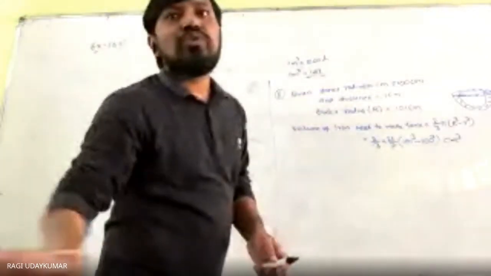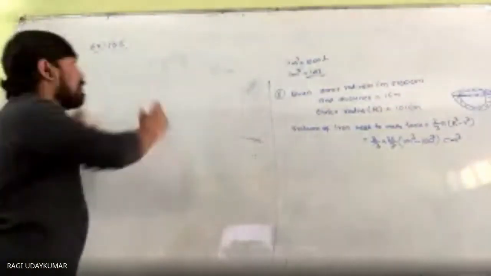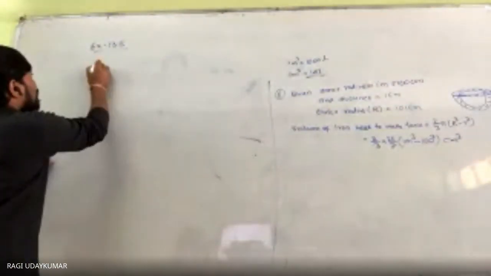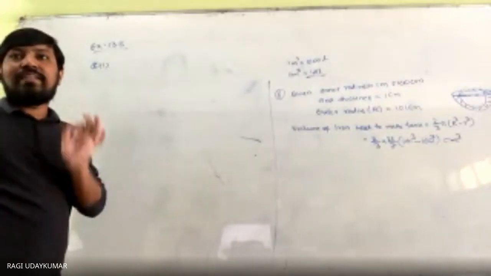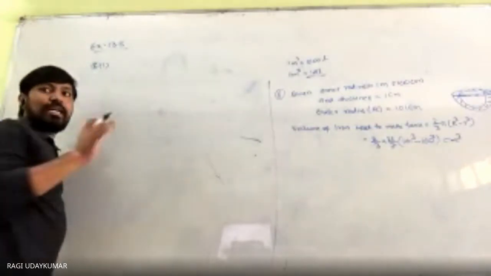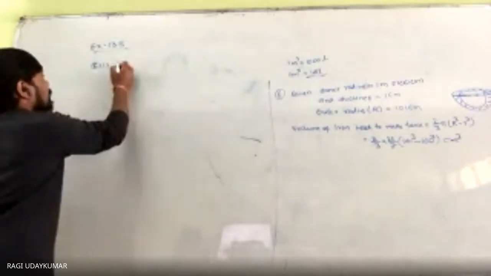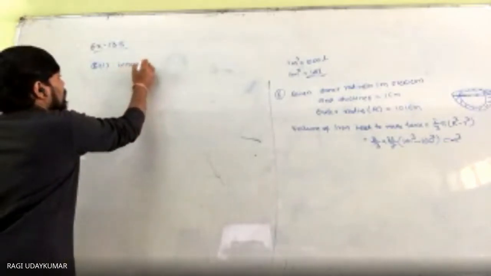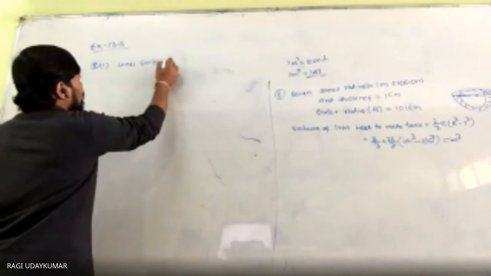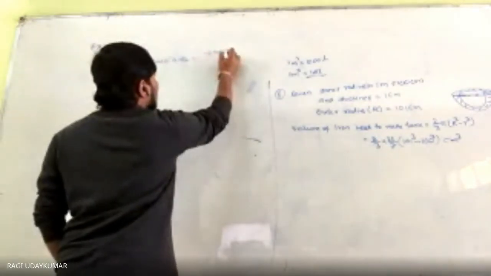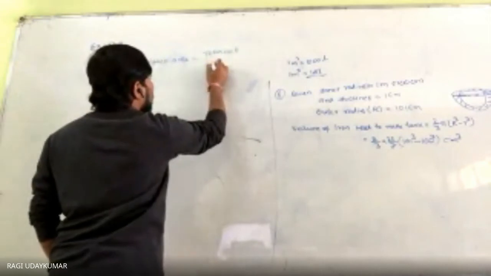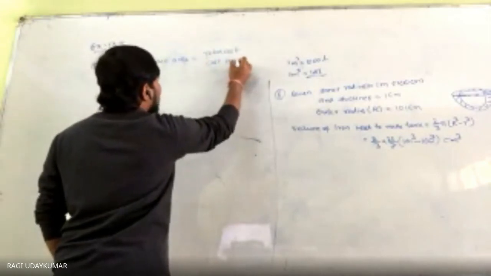So first, what you have to do is find out the inner surface area. What are the given things? Total cost is given. Inner surface area is equal to total cost divided by cost per meter square.